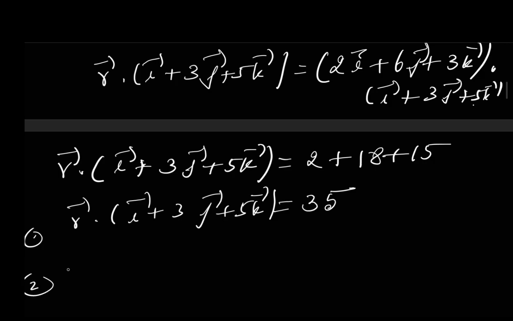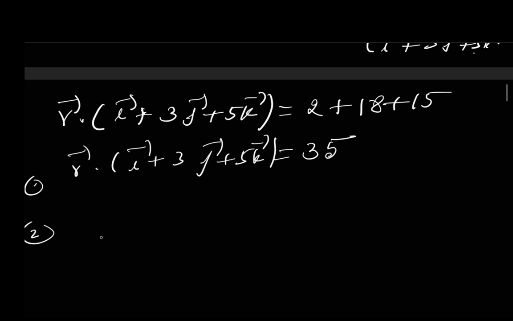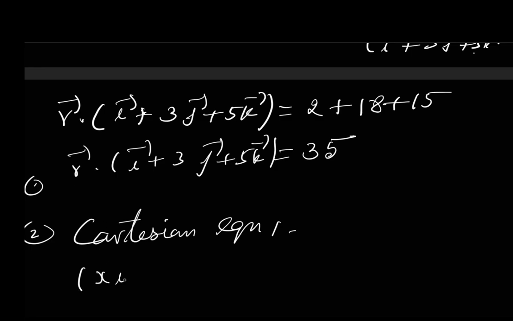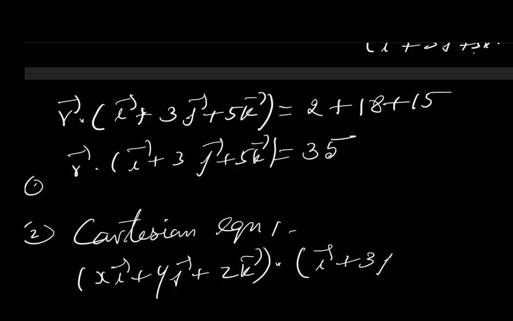Then the next question, they ask for the Cartesian form of the equation. In that case, I just replace the arbitrary point vector R as xi plus yj plus zk, dot (i plus 3j plus 5k), is equal to 35.